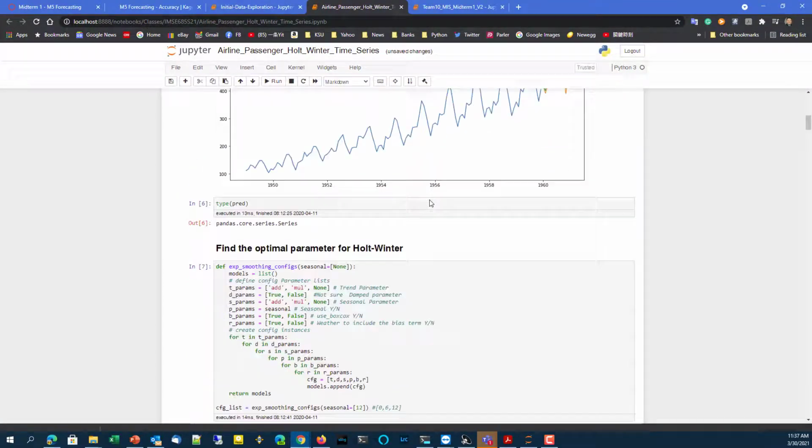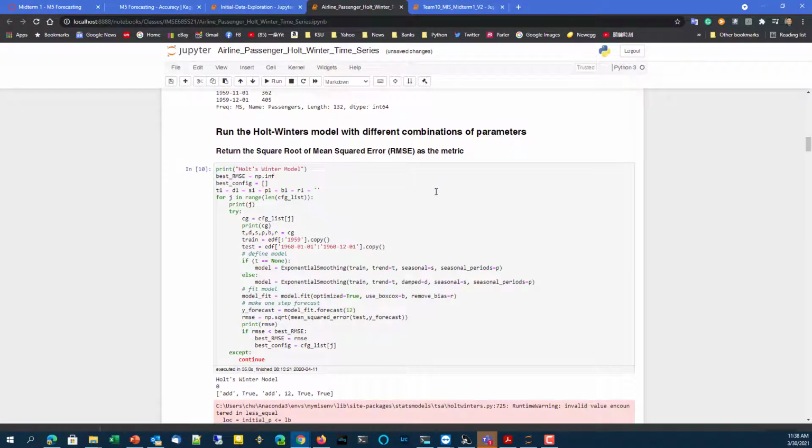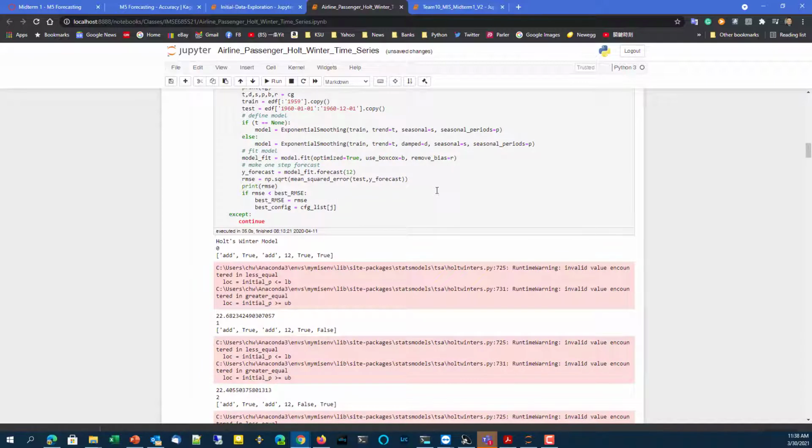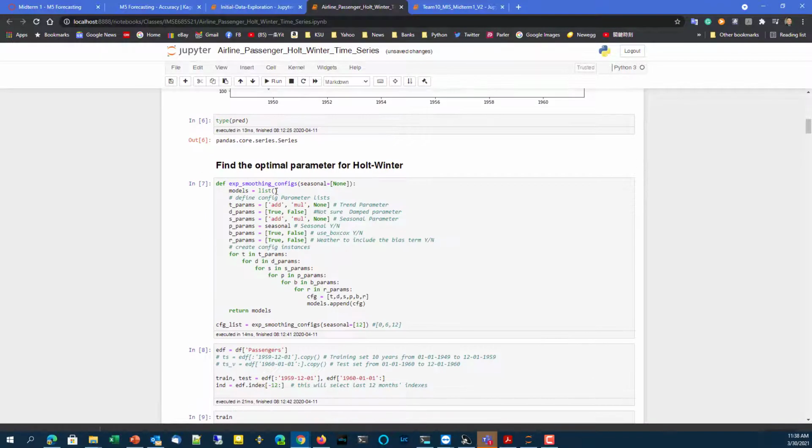Okay. Which part are you referring to? Oh, because some of these models don't work. The combination here, you have all kinds of combinations of parameters. It's additive or multiplicative models and seasonal, what the seasonal pattern is.